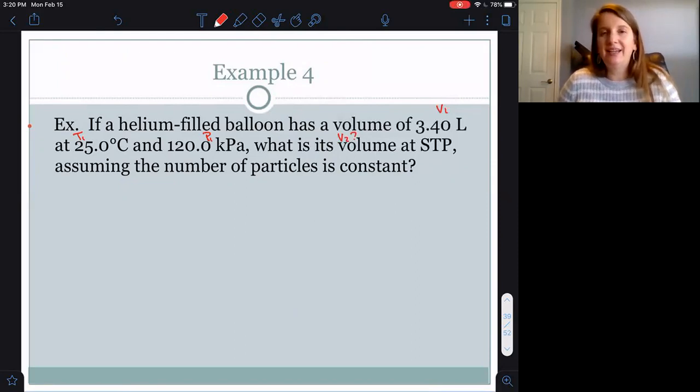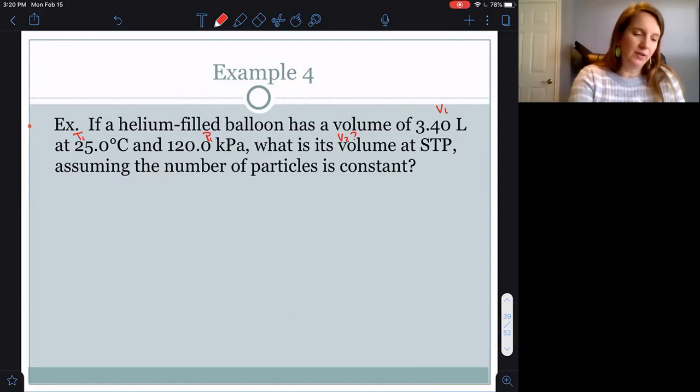So that's telling us N doesn't matter. We see that we have a T1 and a P1 and a V1 and a V2. This, don't forget, is very important: at STP, whenever you see that, you know that you have 1 atmosphere of pressure and 0 degrees Celsius.